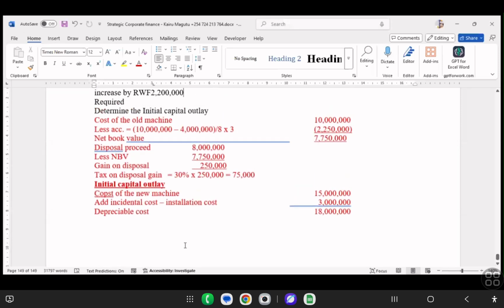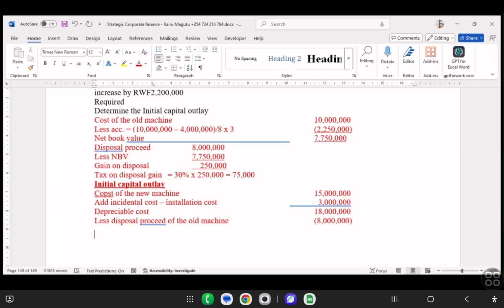We have the depreciable cost. We dispose the old one, so we less disposal proceeds of the old machine. The old machine will be disposed at 8 million.